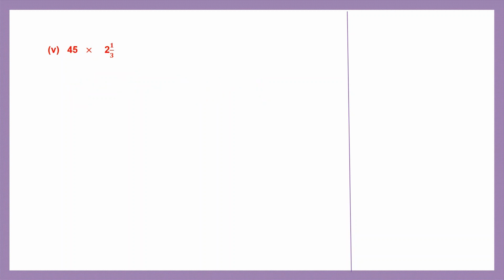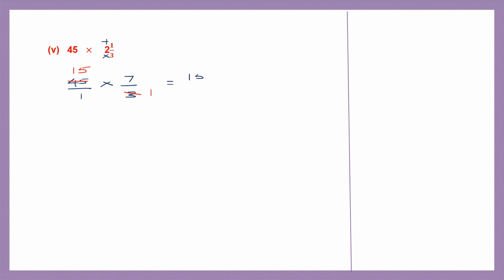Question 5. 45, we'll make it 45 by 1 into, now let's multiply and convert this to an improper fraction. 3 2's are 6, now add plus 1, 7 by 3. Now here we can cancel 45 and 3. 3 1's are 3. 3 into 15 is 45. So now there's nothing more that we can cancel.